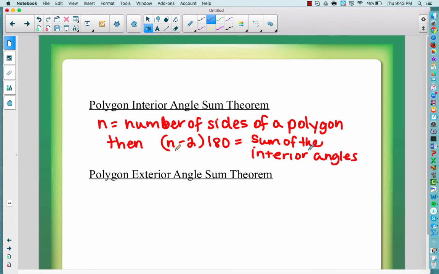Sorry, my computer's doing funky things today. Remember, it's the sum. So you take the number of sides, you subtract 2, and you multiply by 180.